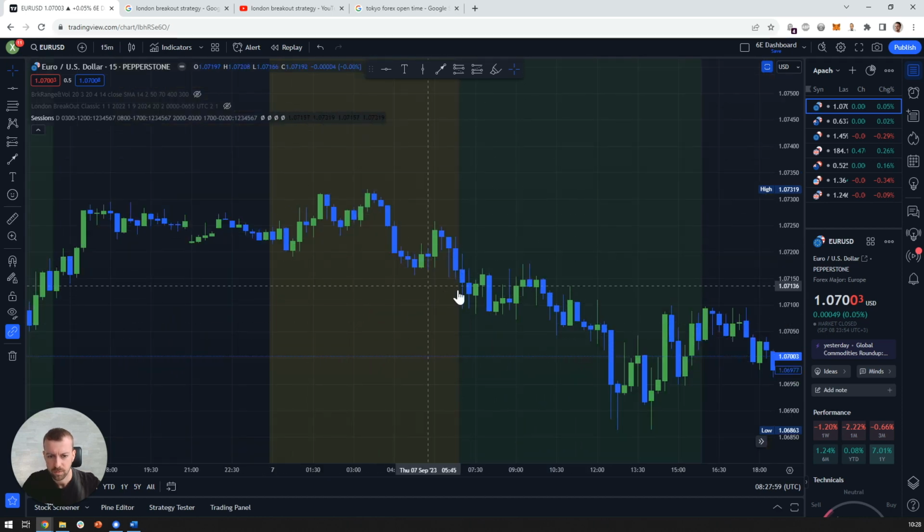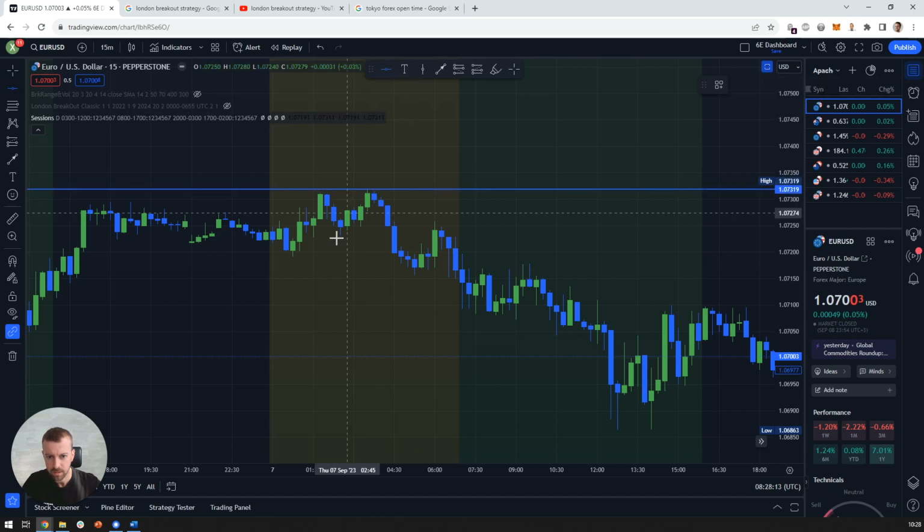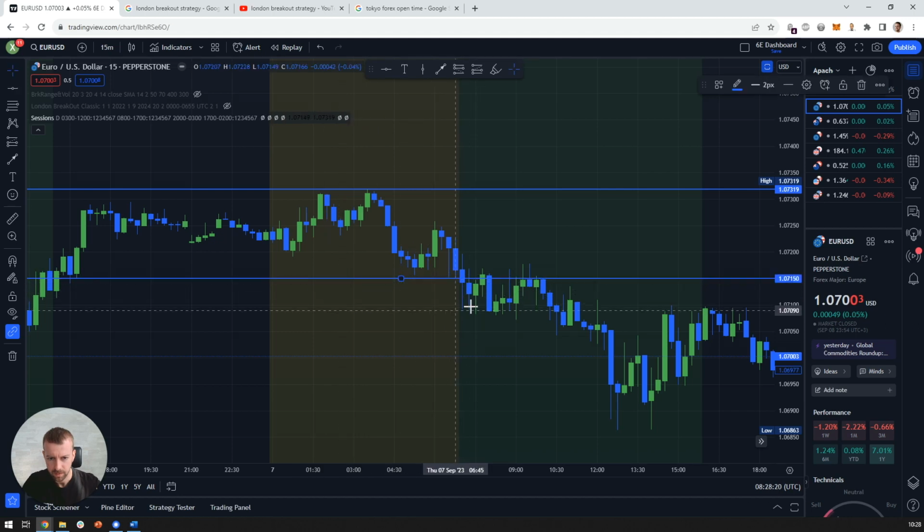Remember, normally the Tokyo session ends at 9 a.m., but to us it's important that we identify the key levels before the London session opens. So we mark our high again, we mark our low again, and we see, okay, this candle took place from 7 till 7:15.